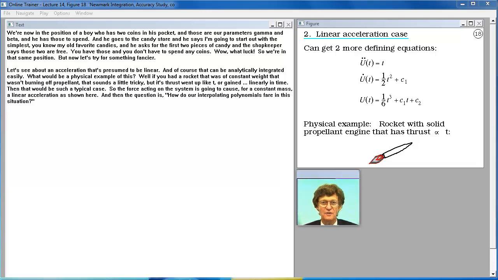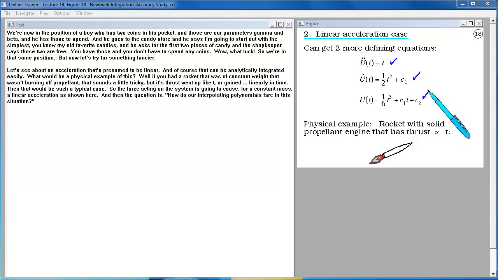But now let's try for something fancier. Let's see about an acceleration that is presumed to be linear. And of course that can be analytically integrated easily. What would be a physical example of this?